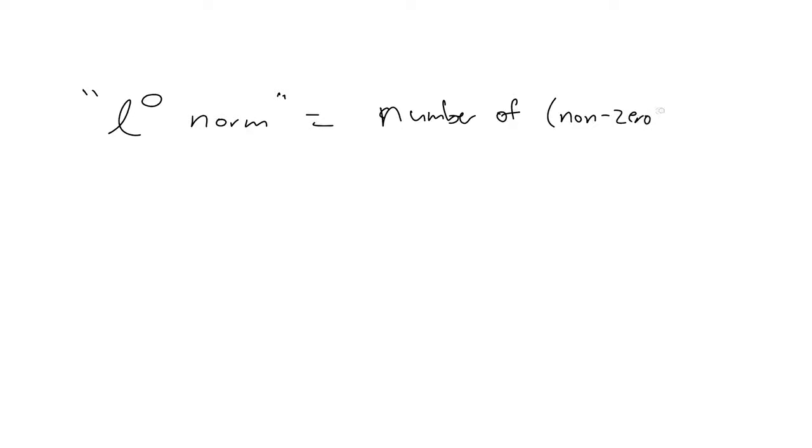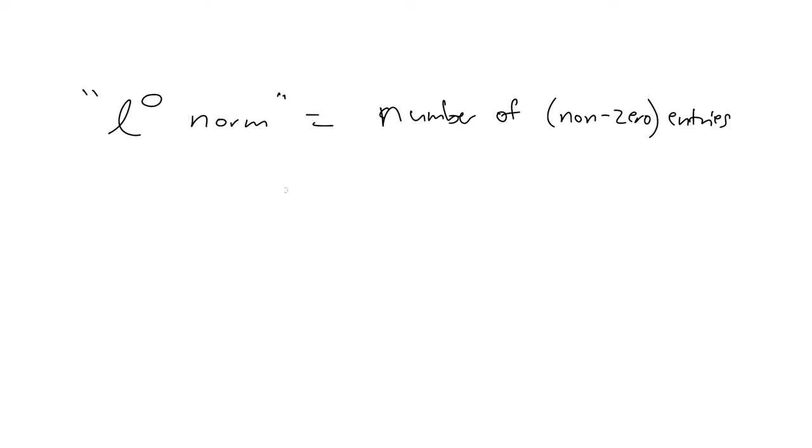Now, it's a little bit weird here, but we're going to be a little bit free, and we're going to say the L0 norm ends up being the number of entries in the vector. Actually, we're going to define it as the number of non-zero entries.